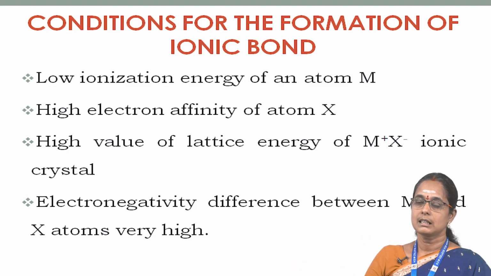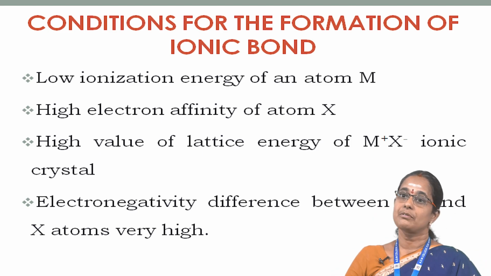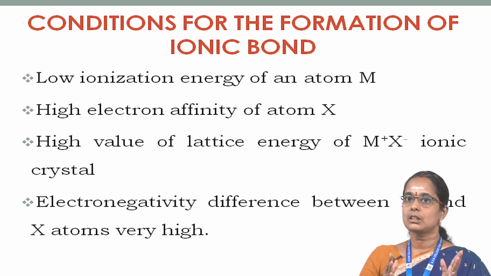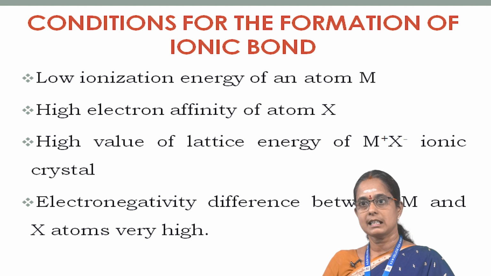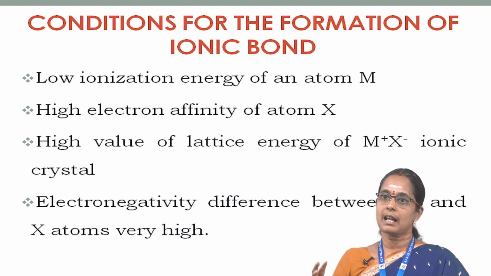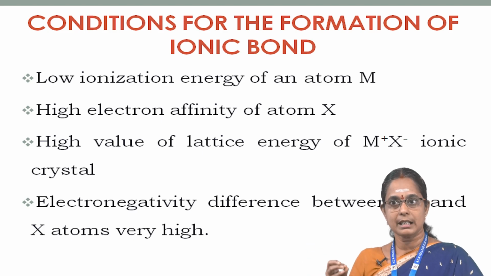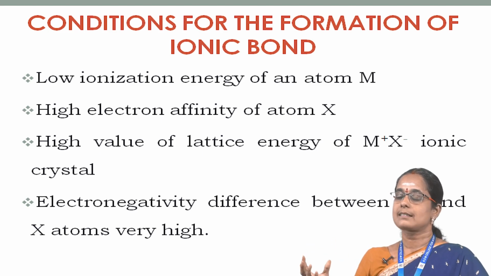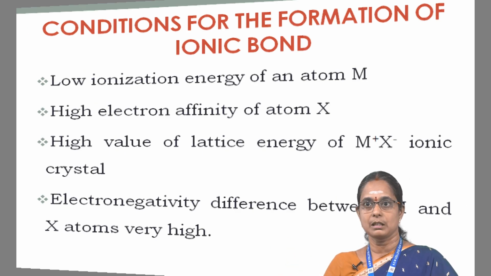And the fourth one, the electronegativity difference between metal and halogen atoms is very high. The electronegativity difference between metal and halogen atom should be very high, so that complete transfer of electrons from M, the less electronegative atom, to X, the more electronegative halogen atom, may be possible.